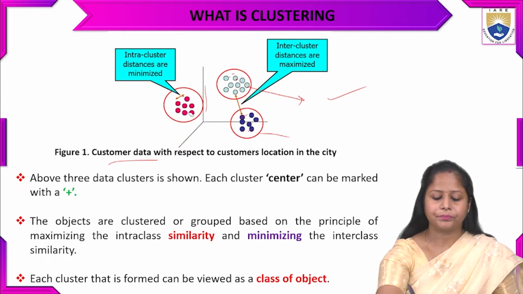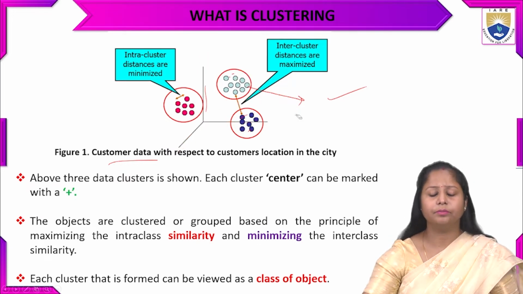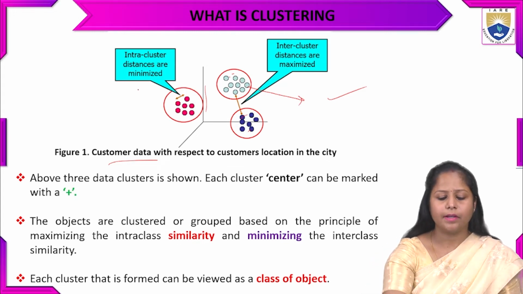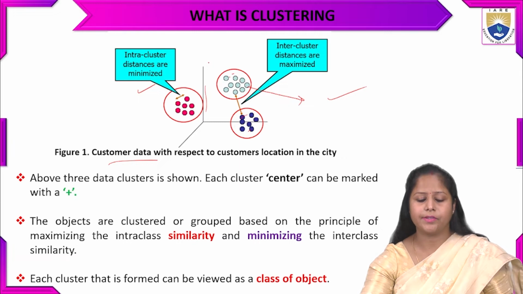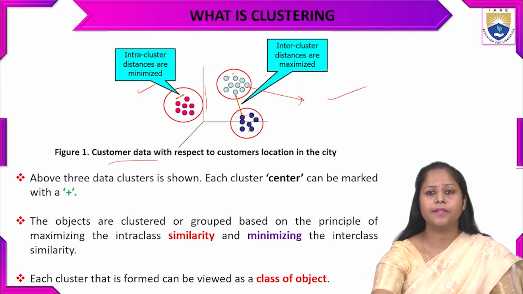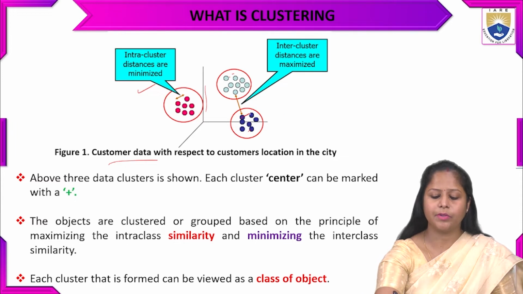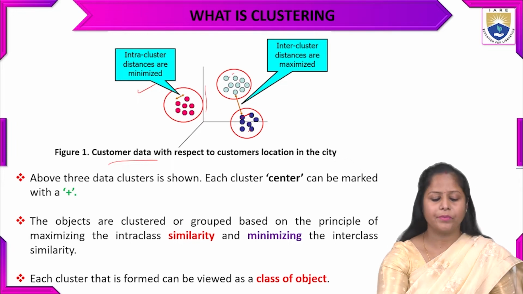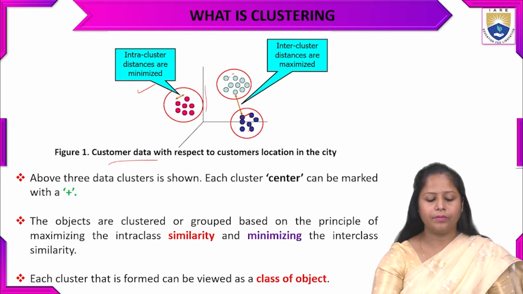Here, where distances are minimized, that is called intra-cluster. If distances are maximized between two objects, that is inter-cluster. The above graph shows three data clusters.